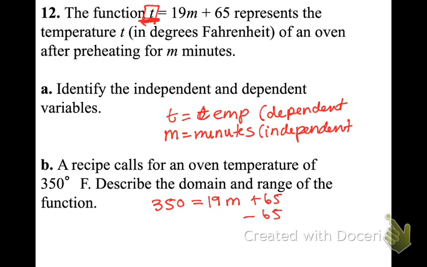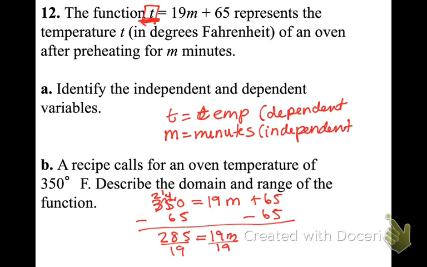I'm subtracting 65. We have 5, and that becomes 4. That becomes 2. So 14 minus 6 is 8. And I get 285 equals 19M. I'm dividing both sides by 19.